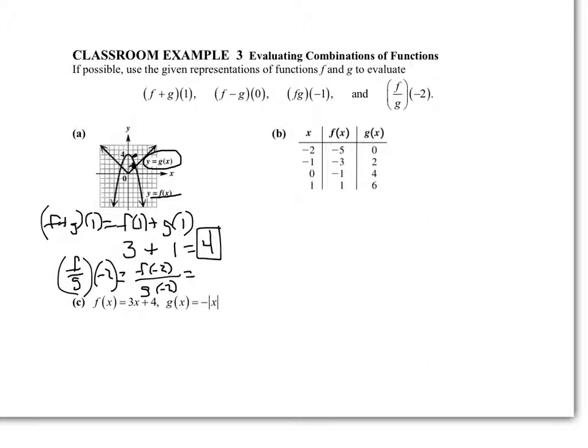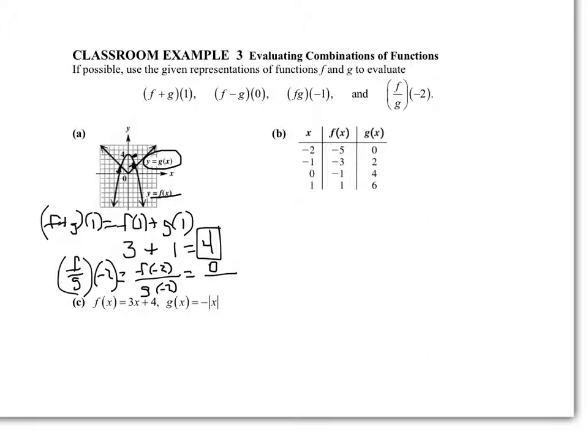So if I go to my graph for the f function, when x is negative 2, look where my parabola is. It's crossing the x-axis right there. So if it's crossing the x-axis, the y value is 0. F of negative 2 is 0 because the point negative 2 comma 0 is on the graph for the parabola.